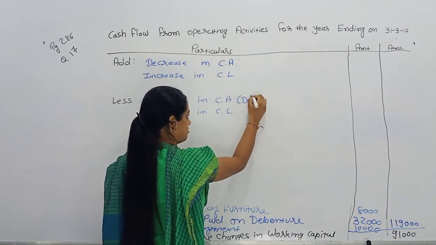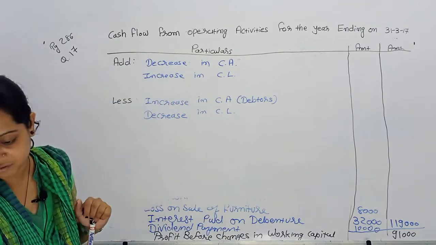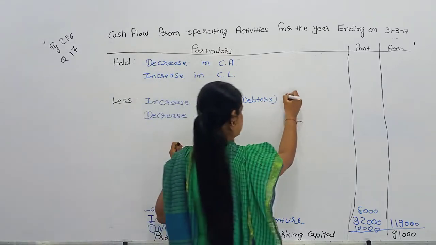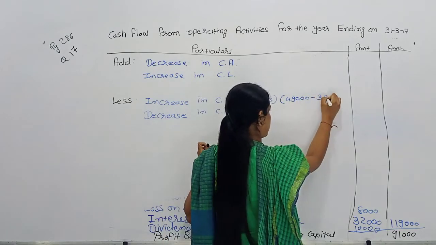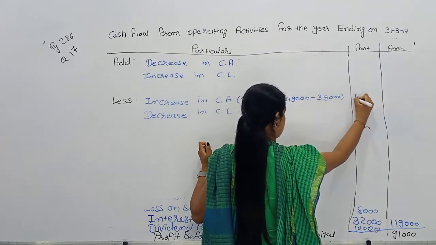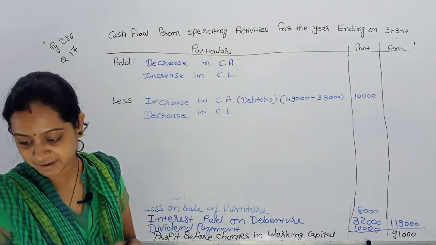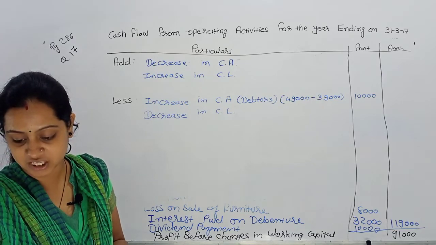Which current assets increase? Debtors. In the beginning of the year, the amount of debtors was 39,000 and at the end of the year 49,000. So 49,000 minus 39,000, our answer will be 10,000. Then creditors, 29,000 and 39,000.